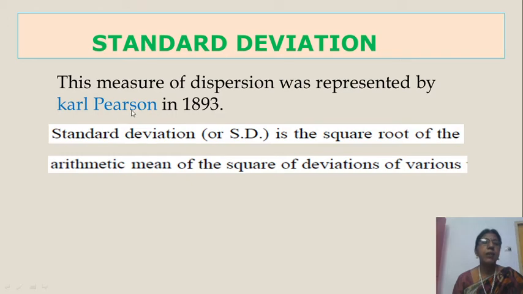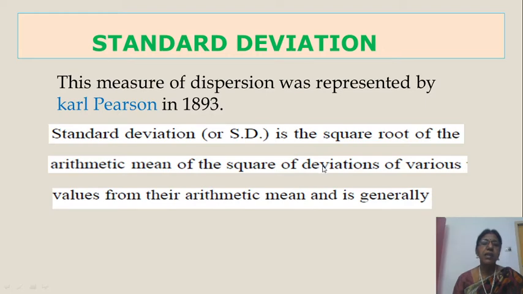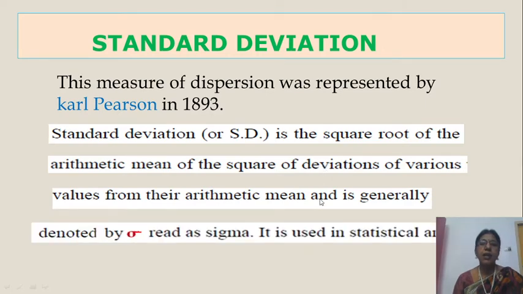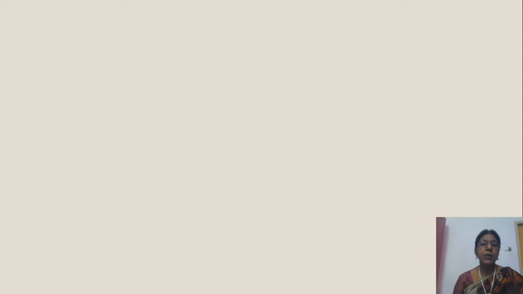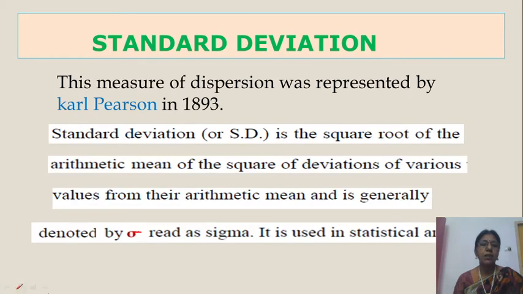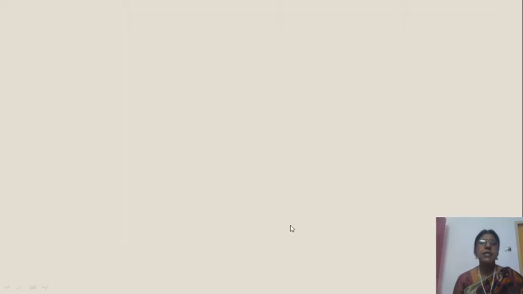Standard deviation, SD simply we call it, is the square root of the arithmetic mean of the squares of deviations of various values from the arithmetic mean, and is generally denoted by sigma. Read it as sigma. It is used in statistical analysis. In analysis we use sigma, standard deviation, SD. Its symbol is sigma.